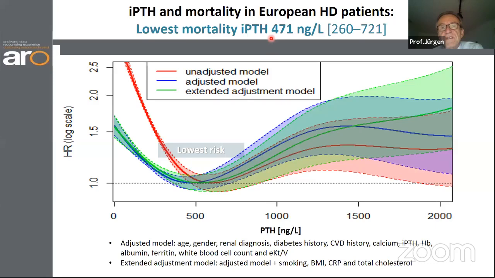The lowest risk is at a PTH of 471, and the confidence range 260 to 720 is very similar to the KDIGO target range of 2 to 9 times the upper limit of the assay. And you can see here it's bad to have a suppressed PTH, and it's bad to have a very high PTH.